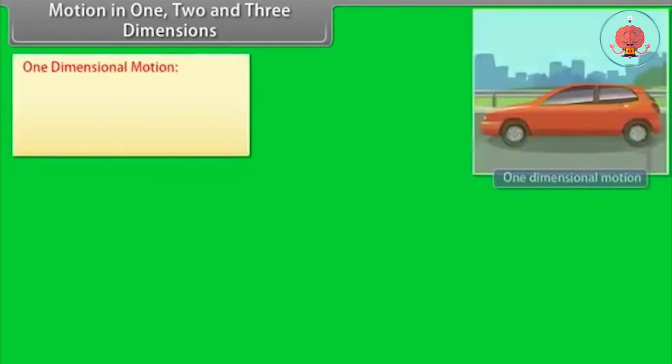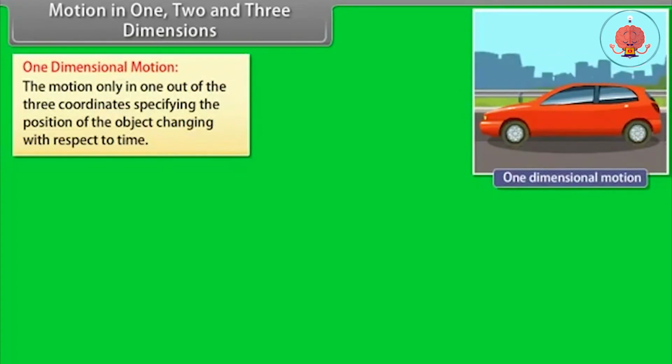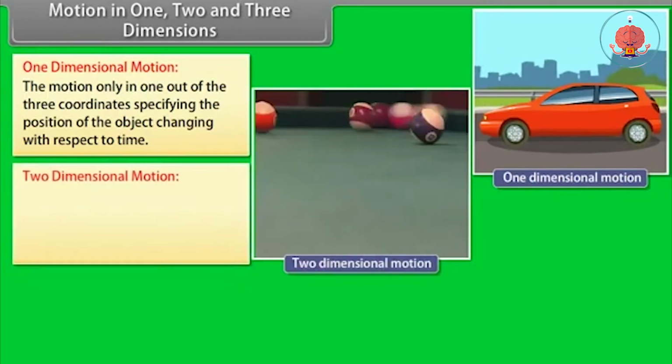Motion in 1, 2, and 3 dimensions. One-dimensional motion. The motion in which only one out of three coordinates specifying the position of the object changes with respect to time. Example: a car traveling in a straight line. Two-dimensional motion.